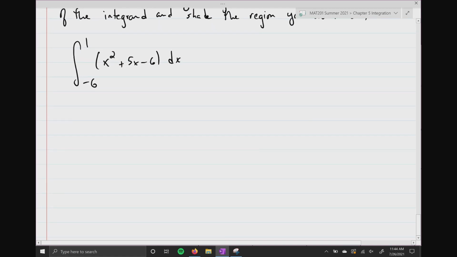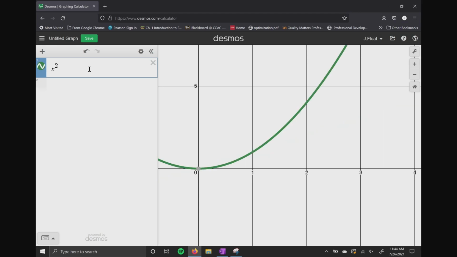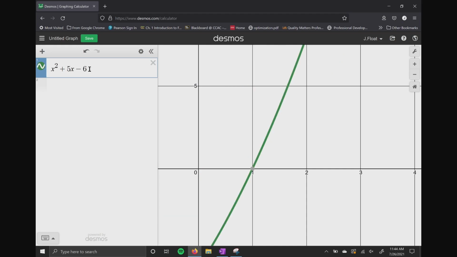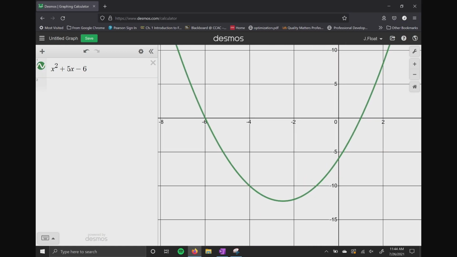All right. So I think the first thing we need to do is go ahead and graph it and see what region we want. Now remember, we're going from -6 to 1. So let's go back to Desmos here. And this is going to be x squared plus 5x minus 6. Let me zoom out here a little bit. And we're going from -6 to 1.